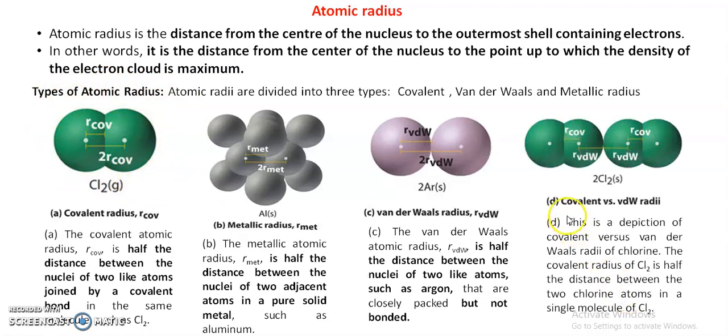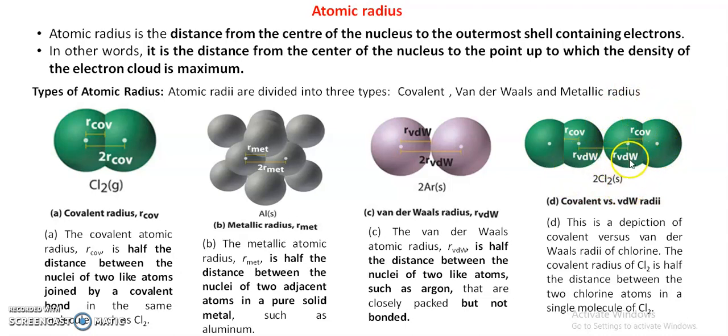Now, the difference between covalent radius and van der Waals radius. This is the depiction of covalent radius and van der Waals radius. This is the covalent radius and van der Waals radius of one chlorine, and here the covalent radius and van der Waals radius of another chlorine atom.